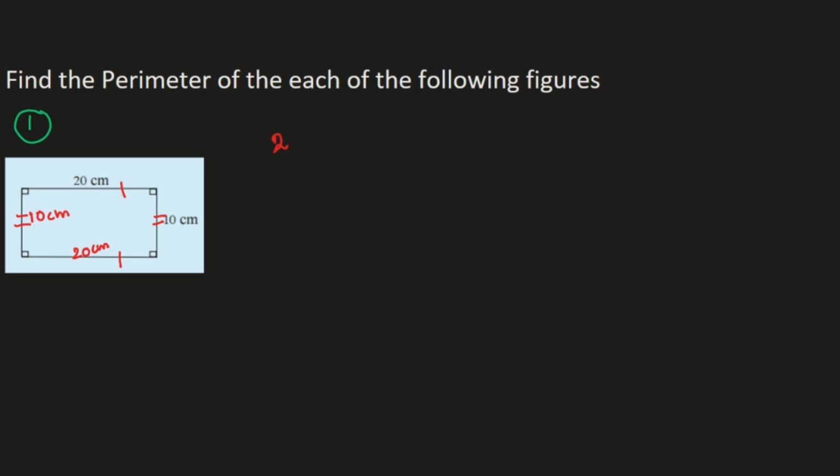The first method will be the perimeter of the rectangle. What is it, guys? You can simply add all the four sides with each other.